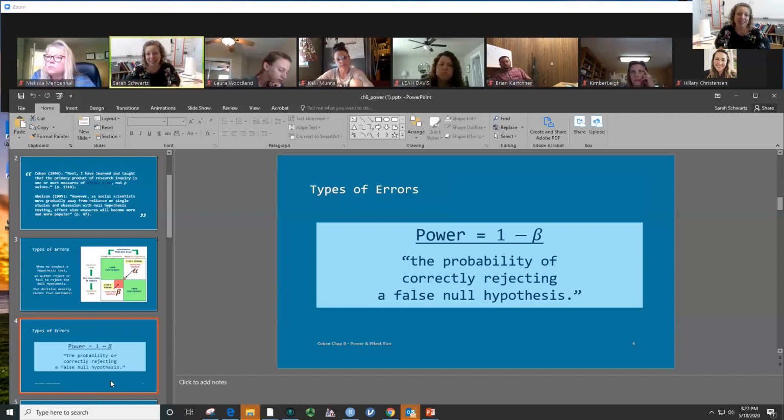Most funding agencies like the National Institute of Health and the National Institute of Education require you to have 80% power, meaning you have a sample size that's big enough to detect true effects 80% of the time.